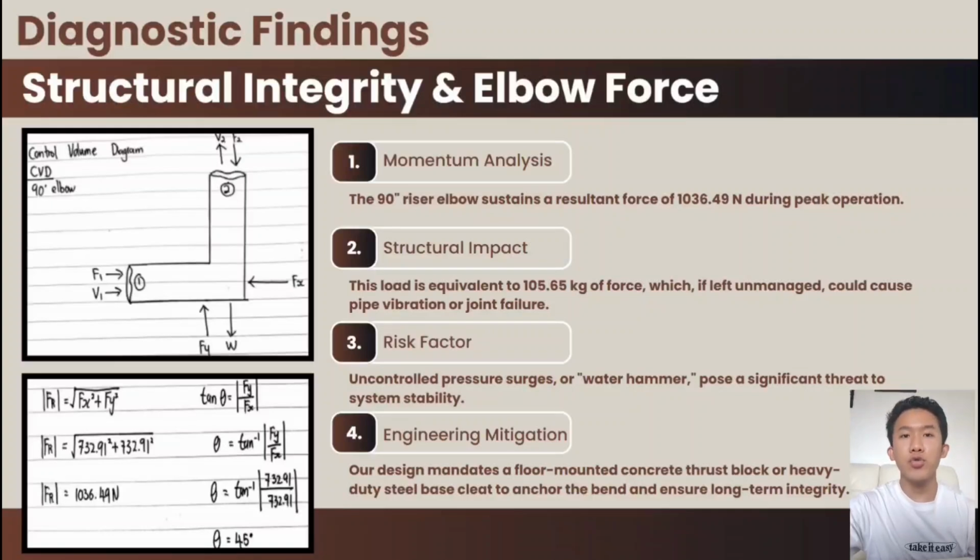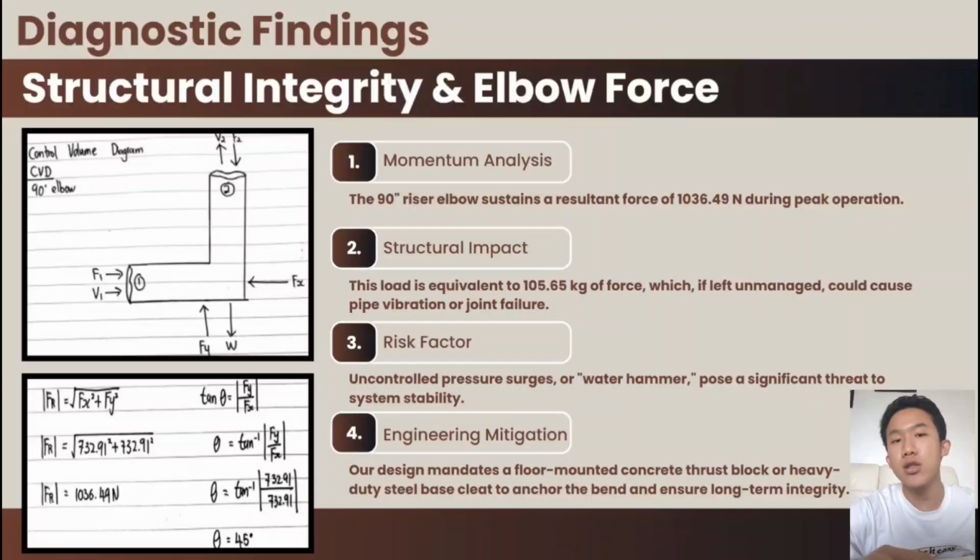Next, let's move on to the structural integrity and elbow forces. While hydraulic efficiency is vital, we also prioritize structural safety by performing a momentum analysis on the 90-degree riser elbow. We calculate a resultant force of 1036.49 Newtons, which is equivalent to hanging a 105.65 kilogram weight directly on the pipe.